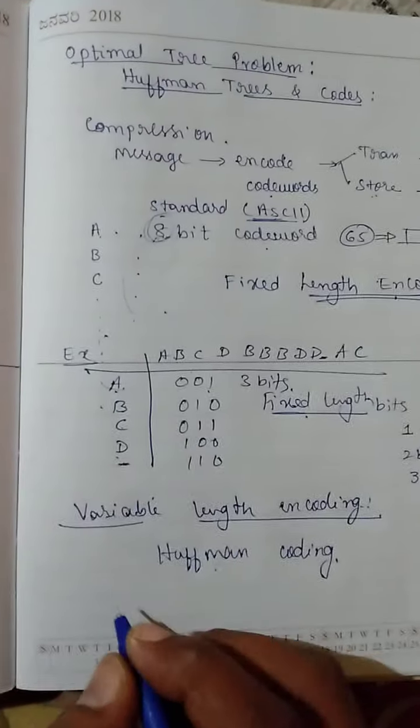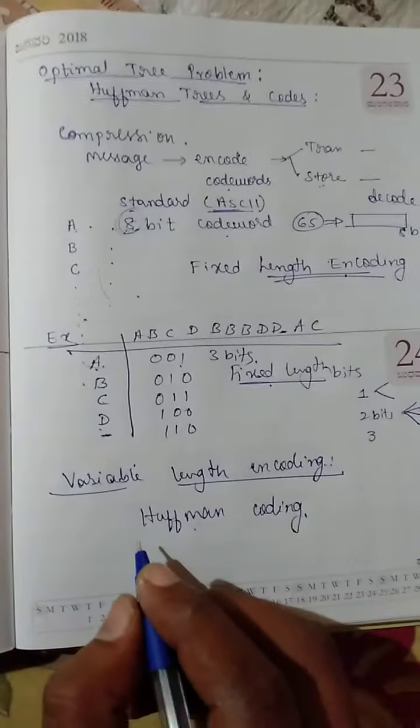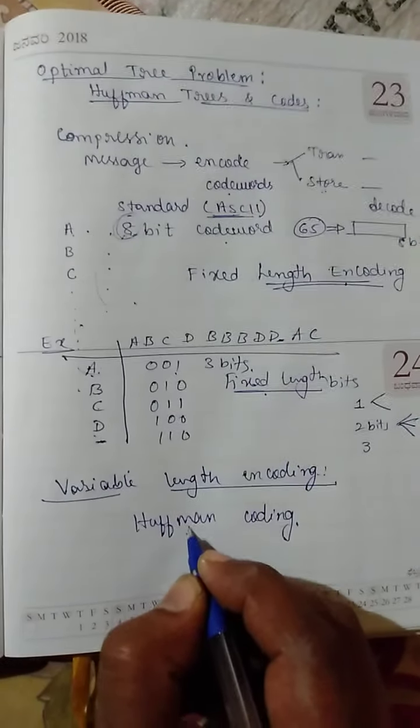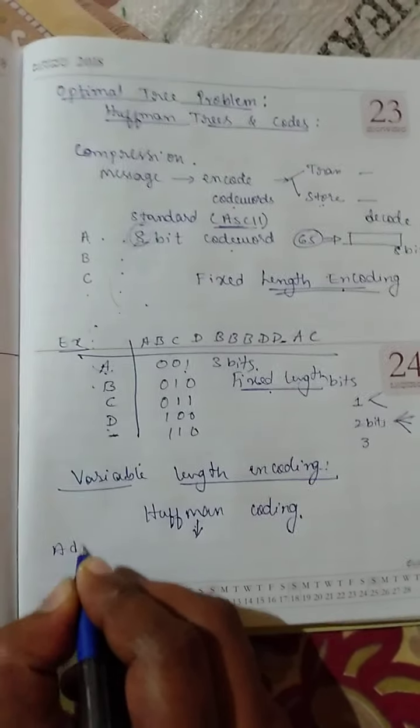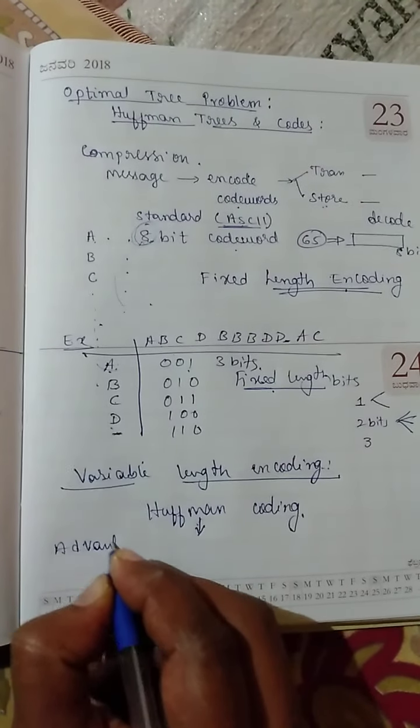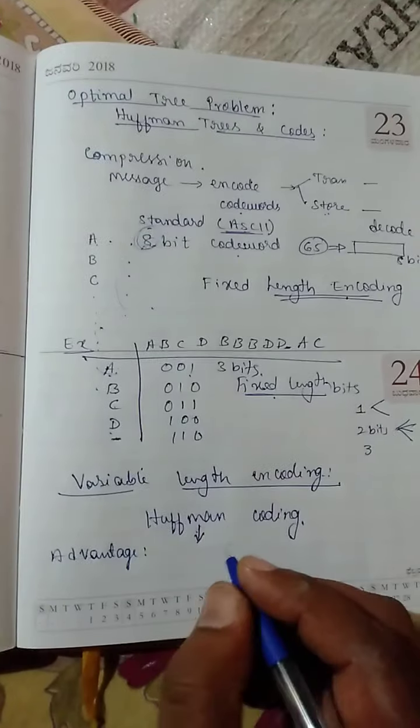In Huffman coding, Huffman makes use of one advantage or one trick in the message. What is that?